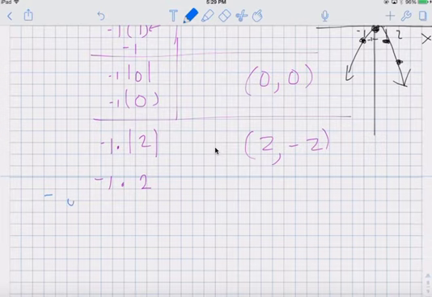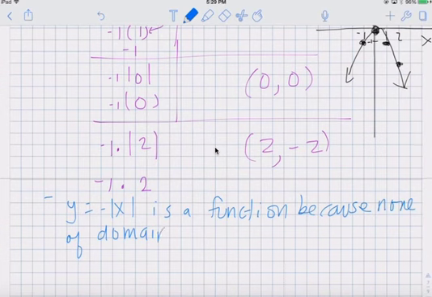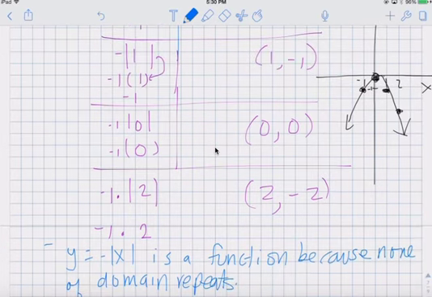You can write y equals the negative absolute value of x is a function because none of the domain repeats, and the vertical line test only passes the graph one time.